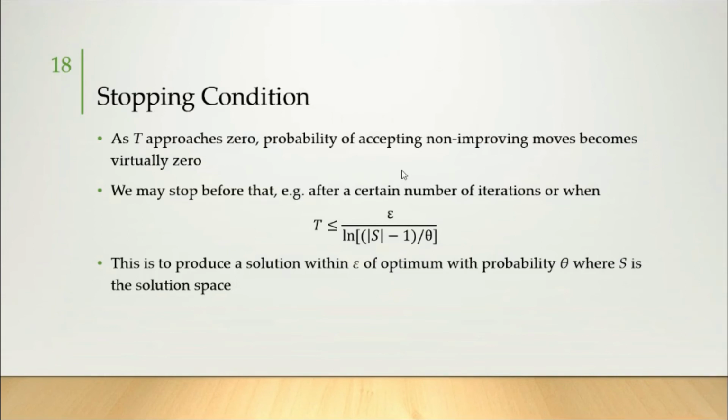This is to produce a solution within epsilon of the optimum, with probability theta, where theta is a probability value and S is the solution space. So ln of modulus of S, the size of S, minus 1, divided by theta. That is a way of stopping.